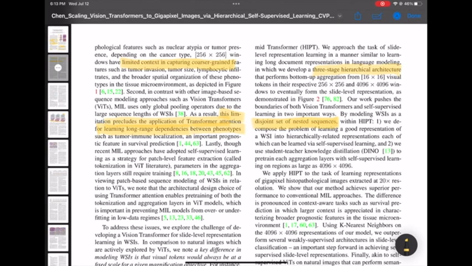The models based on this architecture are shown to be superior to other multiple instance learning approaches, particularly in more challenging tasks such as survival prediction, as they are more context aware.